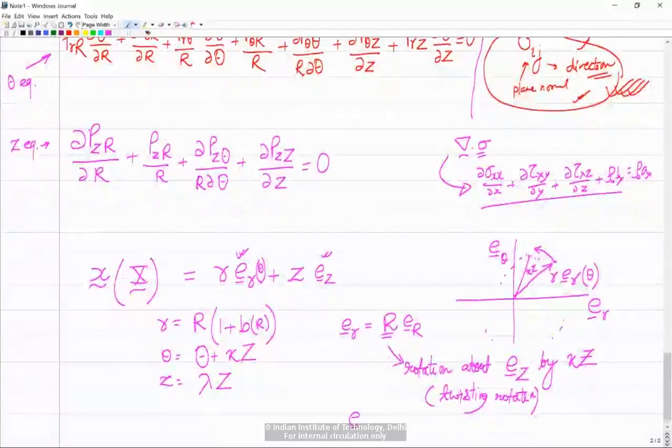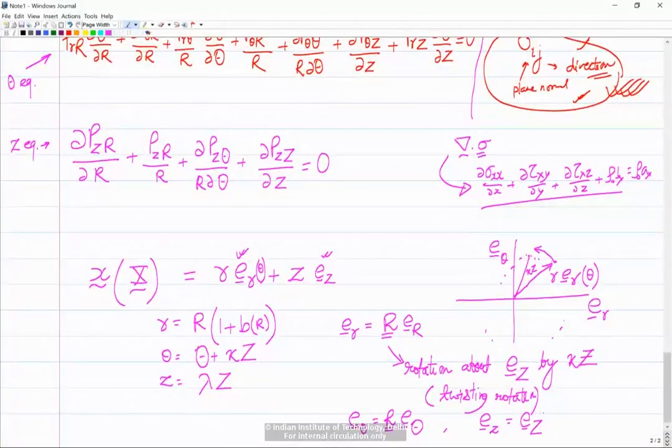Likewise, e small theta will be equal to big R into e big Theta, and e small z will be equal to e big Z. That's because the rotation is about Z axis only. So e small z and e big Z remain the same.